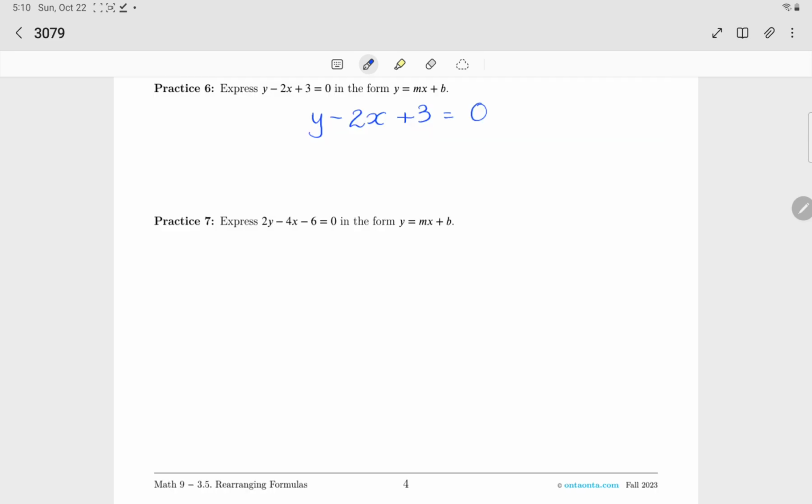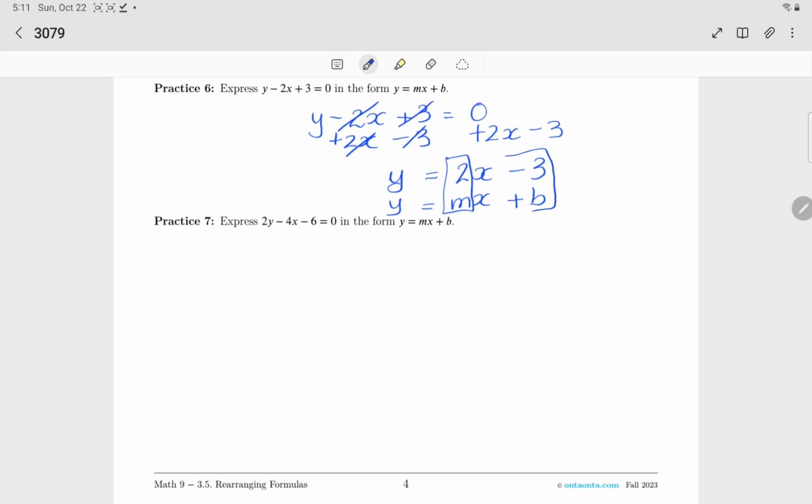In practice 6, we're going to add 2x to each side, and we're going to subtract 3 from each side. This will leave us with y on the left side and 2x minus 3 on the right side. This is already in the form y equals mx plus b. You can see that m is 2 and b is negative 3.